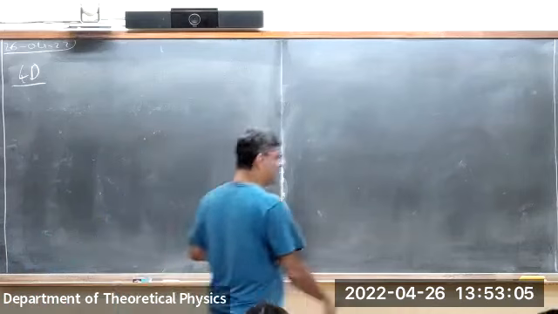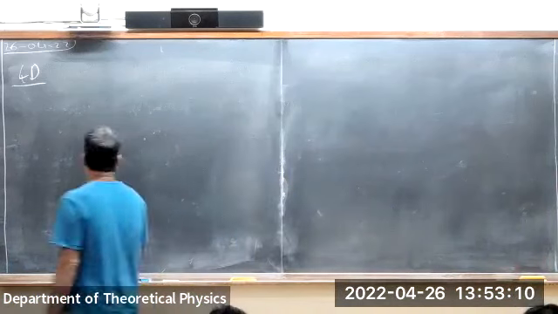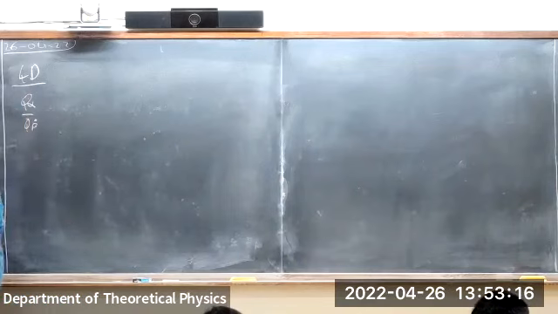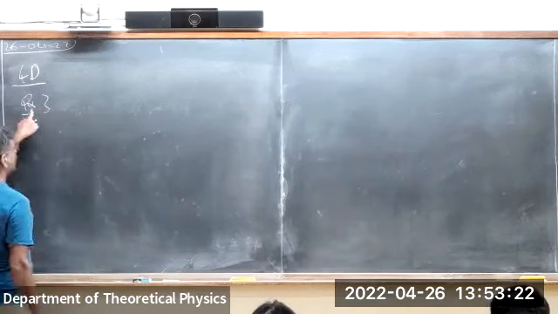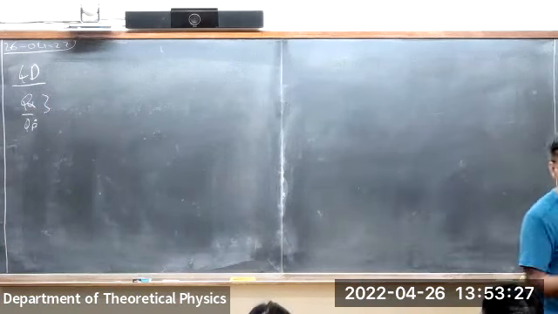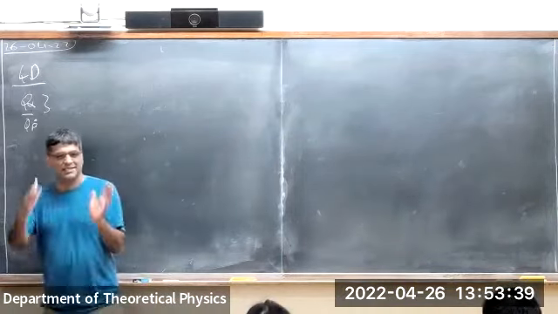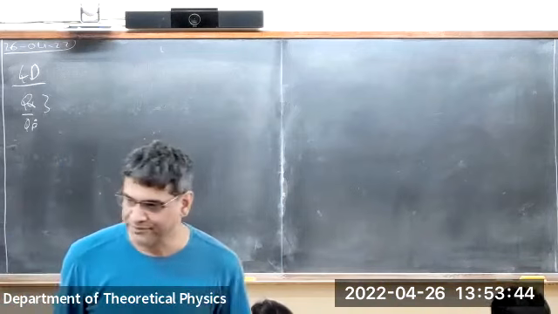So what we want to do is to start studying N equals 1 theories in 4 dimensions. N equals 1 theories in 4 dimensions are theories whose supercharges are Q alpha and Q bar alpha dot, where this alpha index is a spin under the first SU(2), the first component of the Lorentz group SL(2,R), and the alpha dot index is the spin under the second component of the appropriate real or complex version of it.